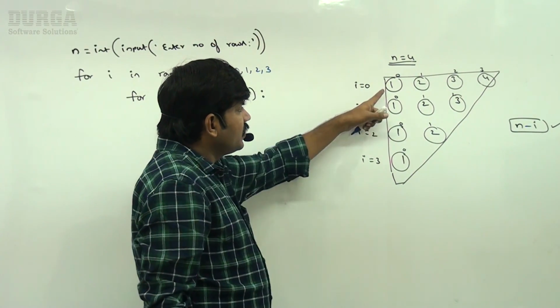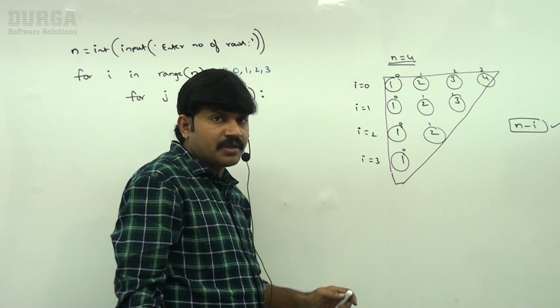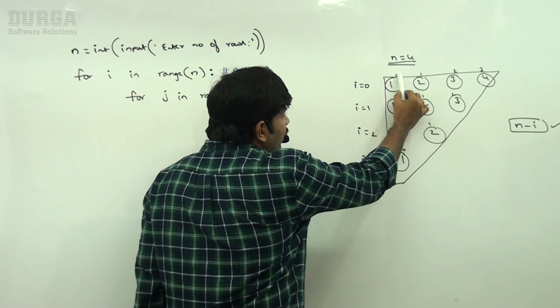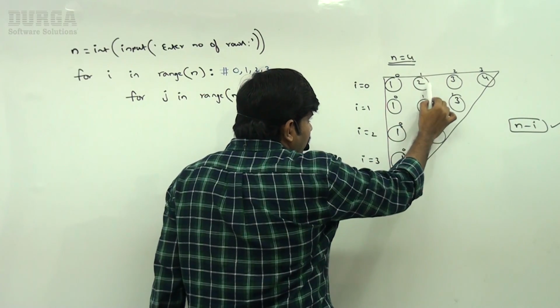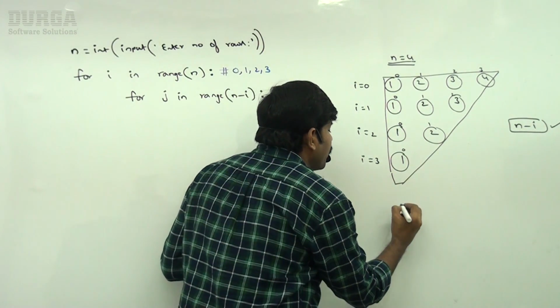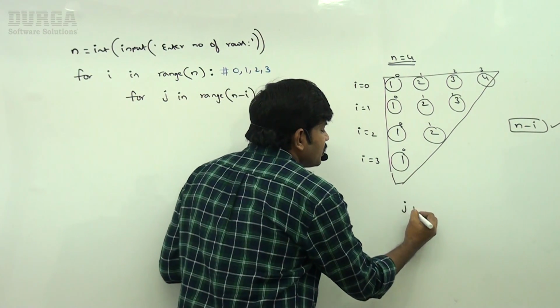Now, sir, what is the output? I mean, which element do I have to print? Which element do I require to print, sir? Whenever j is 0, I want to print 1. Whenever j is 1, I have to print 2. So, very simple, we require to print j plus 1.